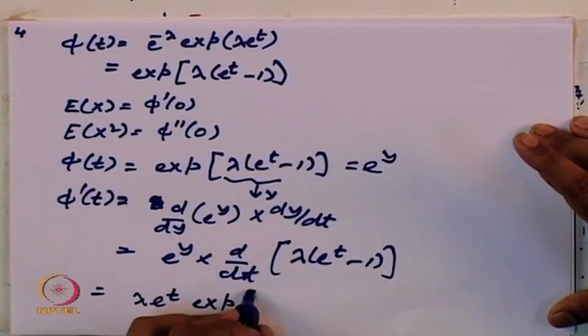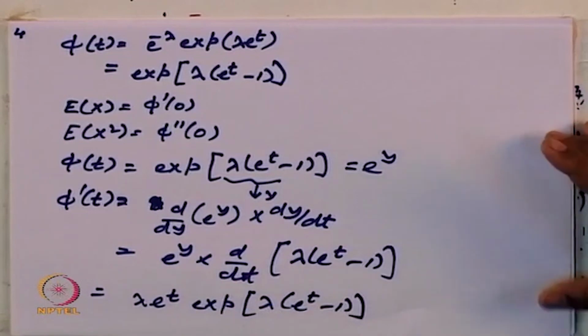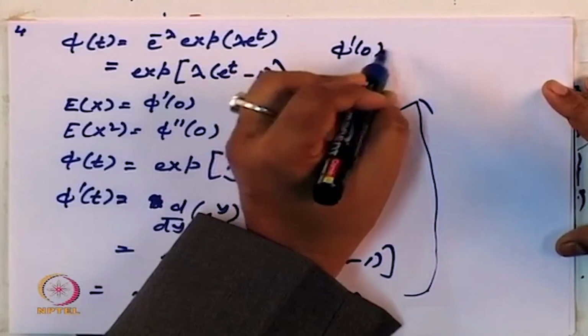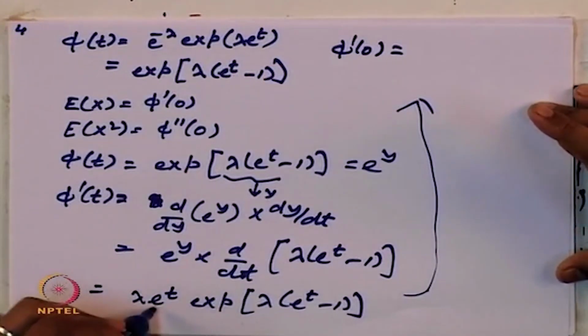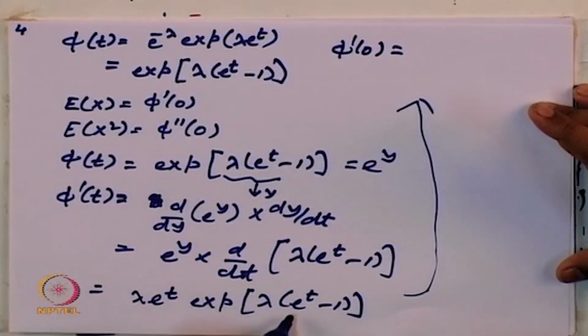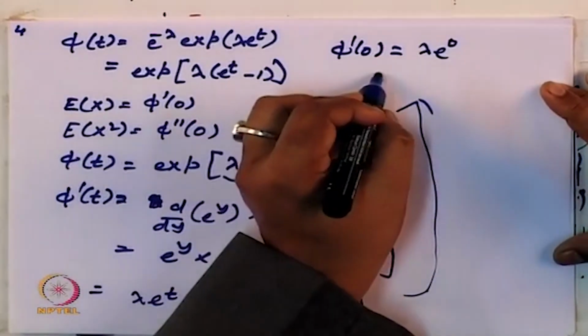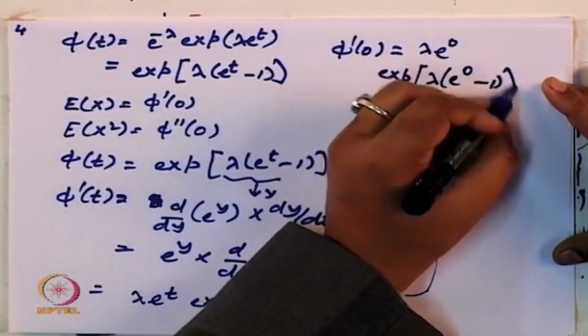So, it remains as exponential lambda e to the power t minus 1. Okay. So, from here I can write phi prime of 0. If I put t equal to 0, then e to the power 0 is 1, and 1 minus 1 is 0. Let me write it down: lambda e to the power 0 into exponential lambda e to the power 0 minus 1.